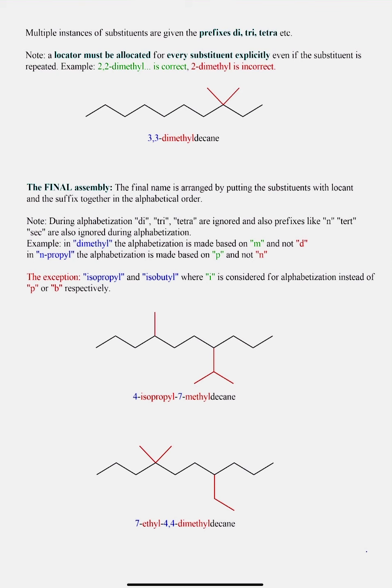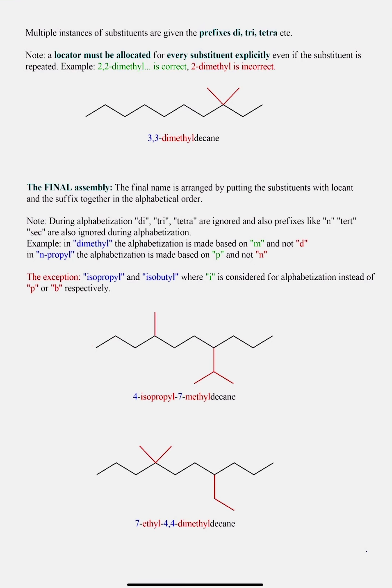How to assemble the name. When you are assembling the name, for example, in this compound, you have written the suffix because it has 10 carbons. Let me write down 1, 2, 3, 4, 5, 6, 7, 8, 9, 10. Now, what is the correct way of numbering? Should I number from left or from right?